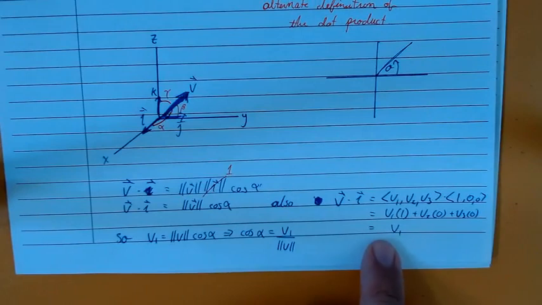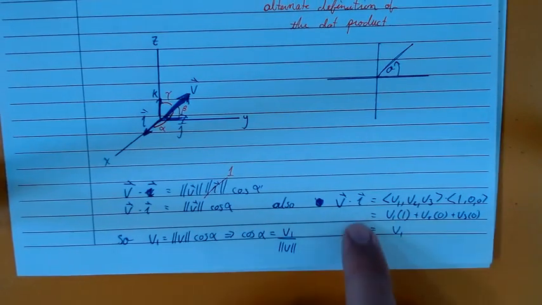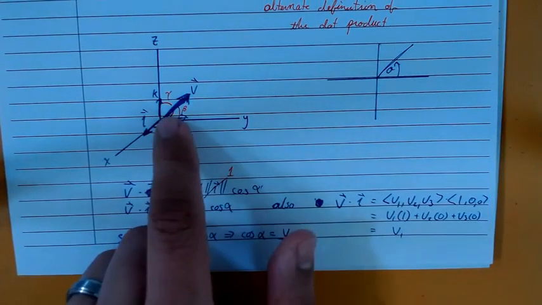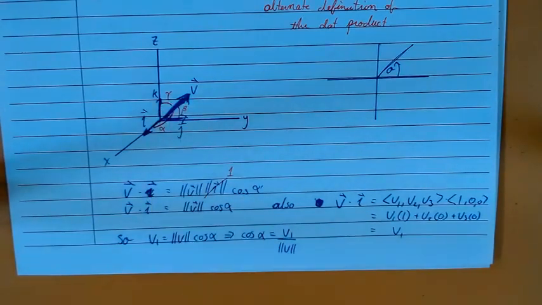Doing the exact same argument, but instead of i, I can do v dot j or v dot k to find beta and gamma. I find the exact same results. So this gives us the direction angles.